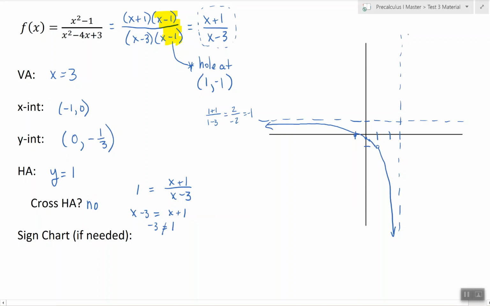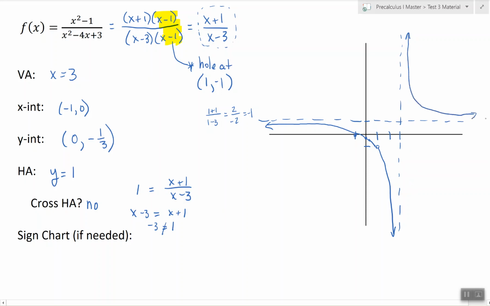In the other piece, we have a graph either here or here. Knowing that the ends get pulled toward the asymptotes, if our graph was down here, we would have a crossing point right there. We do not have another x-intercept, so we know that the graph has to be here.